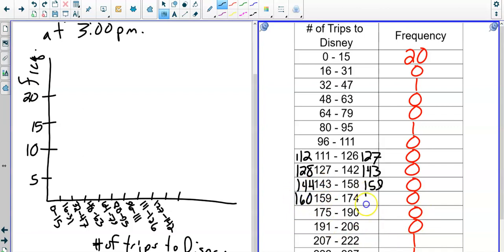160 to 175, 176 to 191, 192 to 207, 208 to 223, and then 224 to 239.